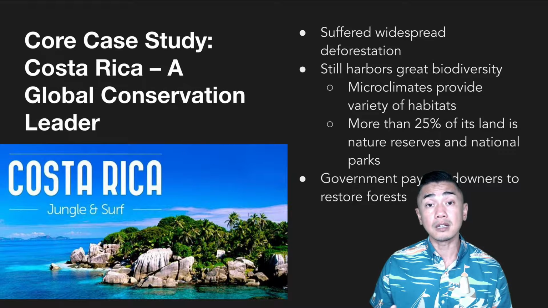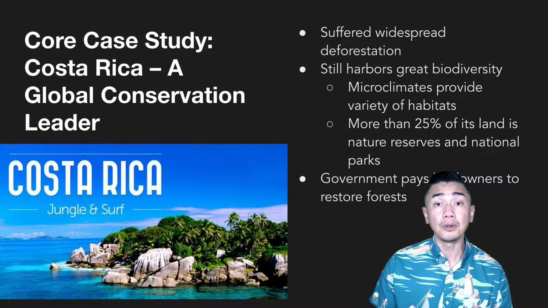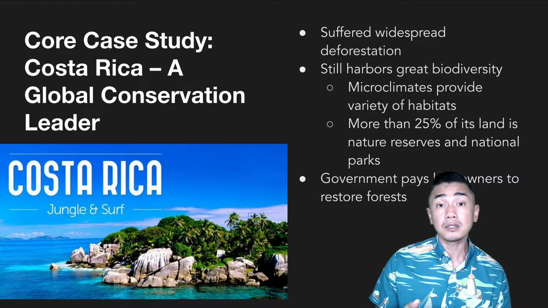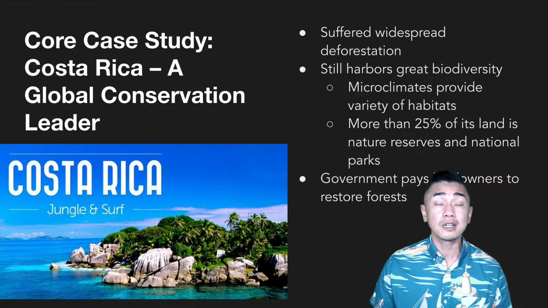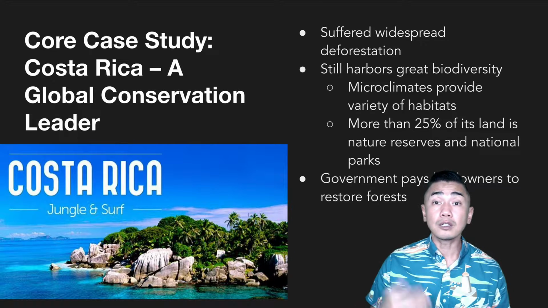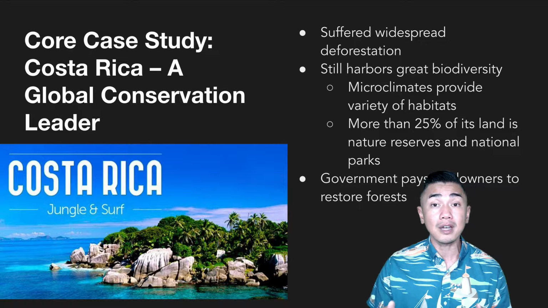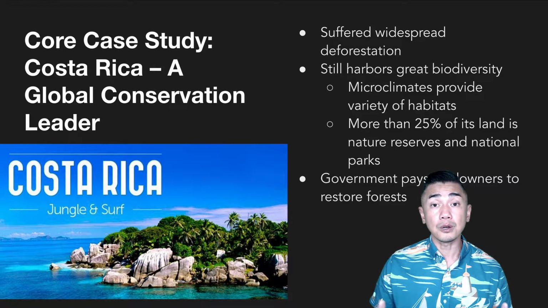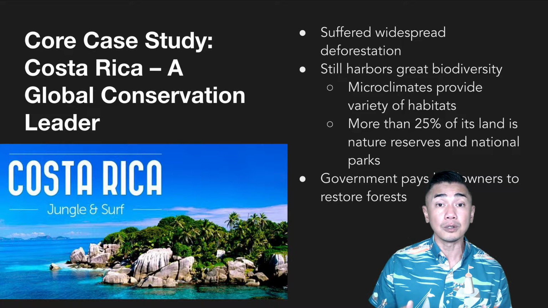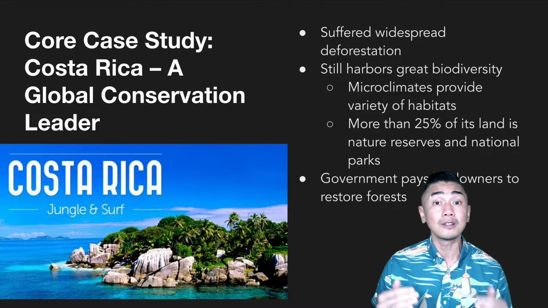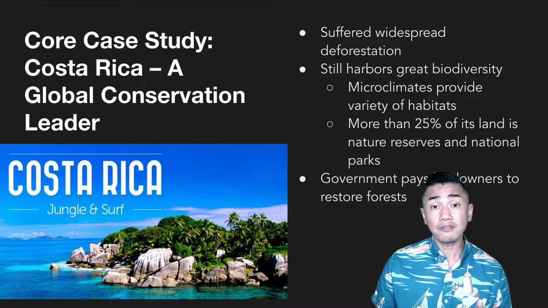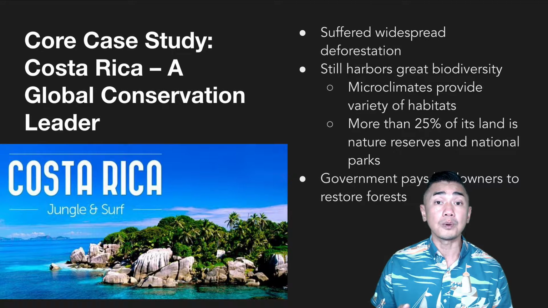The Costa Rican government and the Costa Rican people decided it was in their best interest to protect their forest, nature, and biodiversity. As a result, in Costa Rica today, more than 25% of the land is protected in nature reserves and national parks. Also, the government will pay landowners to restore forest on their land. Through these efforts, Costa Rica still harbors a great amount of biodiversity.